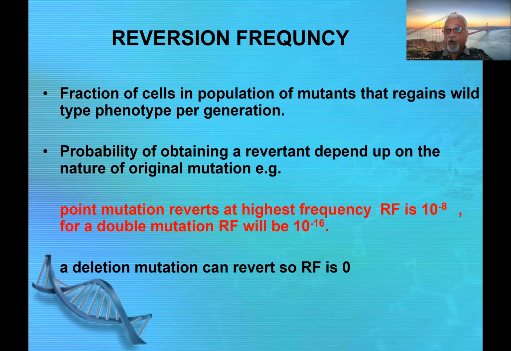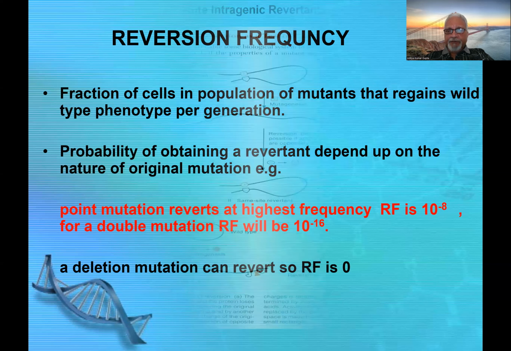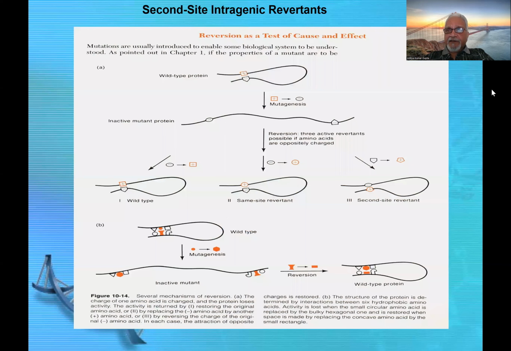I mean, whether the previous mutation was a point, double mutation, or insertion or deletion. If you are not able to get reversion, it means they are either because of insertion or deletion of large sequences. Okay. Now, let us try to understand the reversion process.